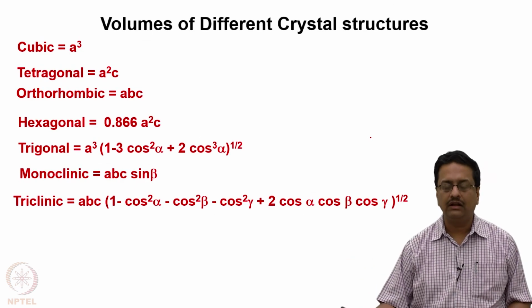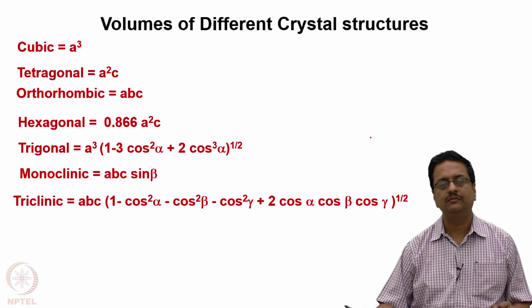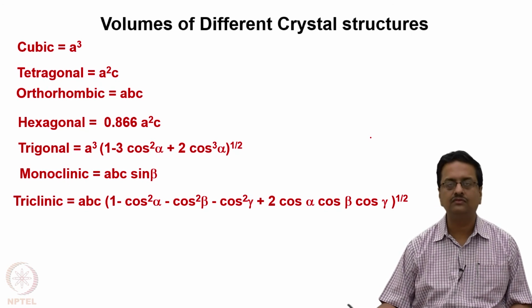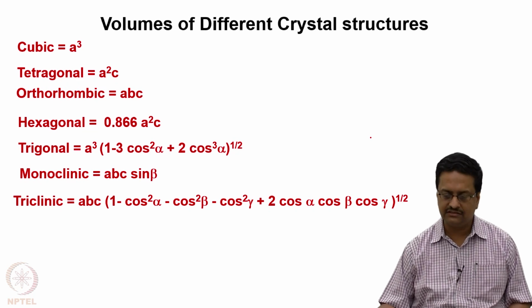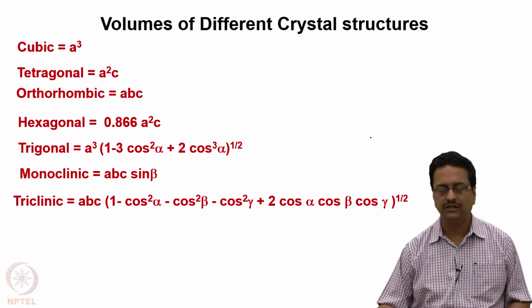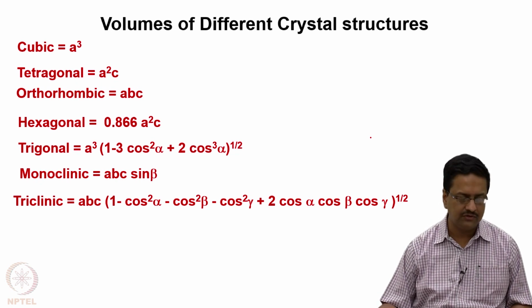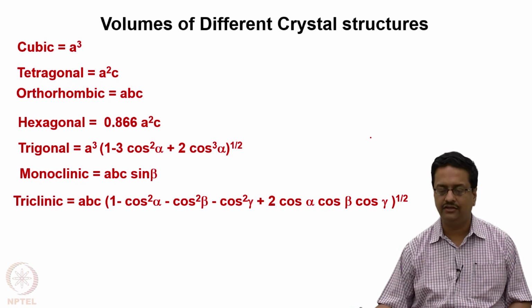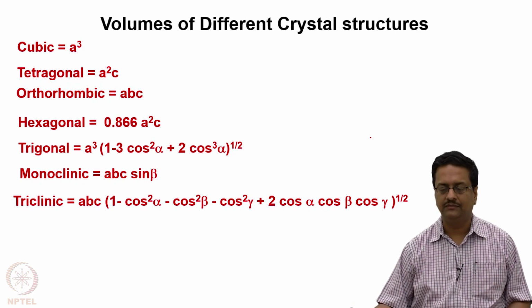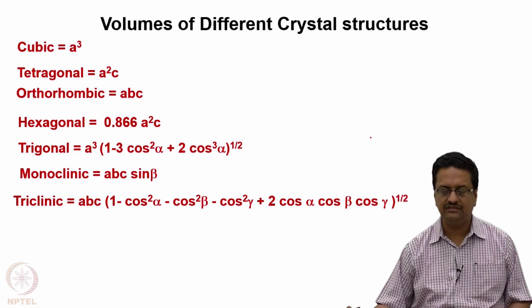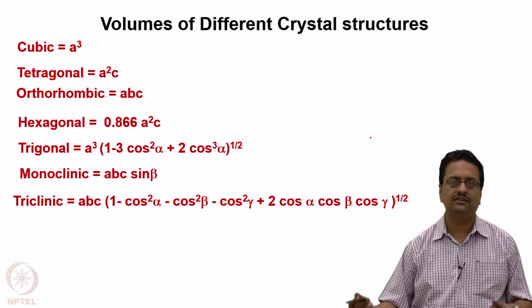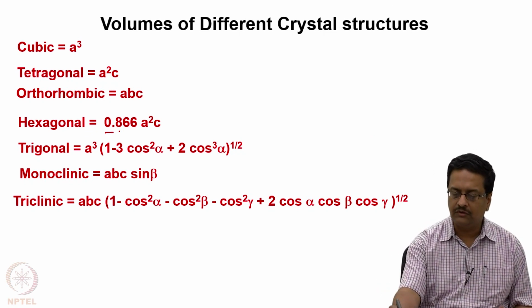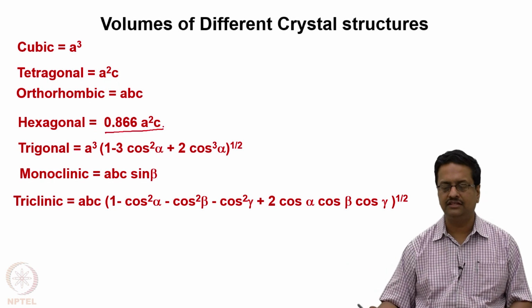So when one knows how the lattice parameters can be varied for different systems, we need to know how to calculate the volume of those lattices. Here are some standard formulas that we use to determine the volume of these crystal lattices. For cubic, the system is very simple, it is a cubed. For tetragonal, it becomes a squared c, orthorhombic is abc, and then when you come to hexagonal, as the angle becomes non-90 degree, we get a more complicated formula like 0.866 a squared c.